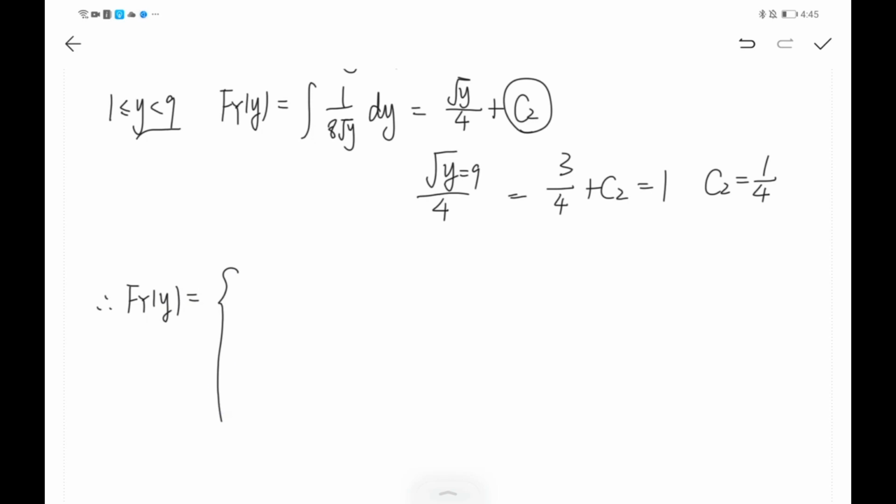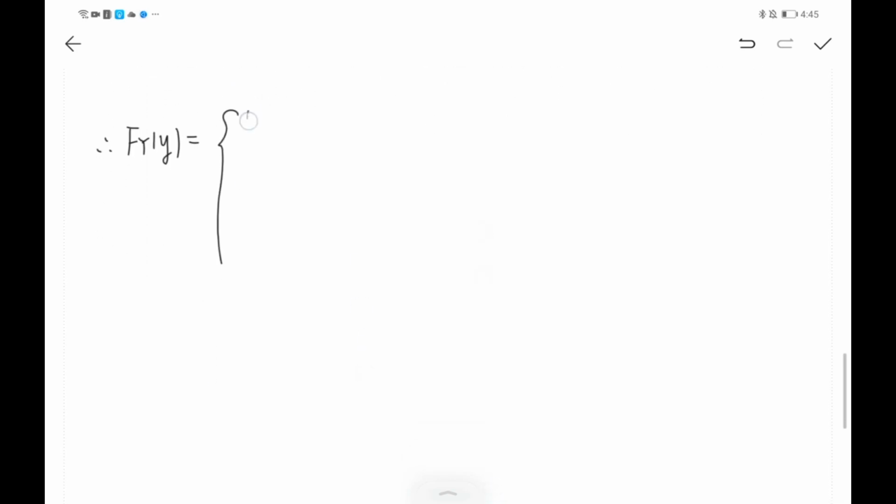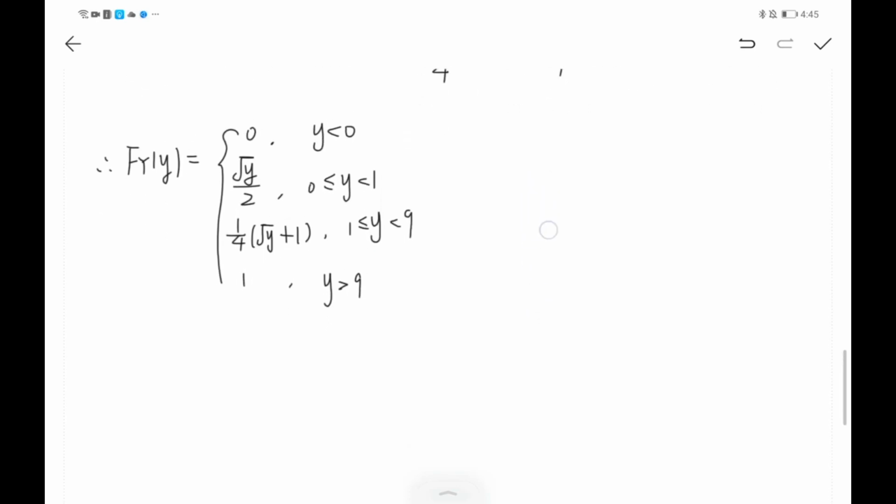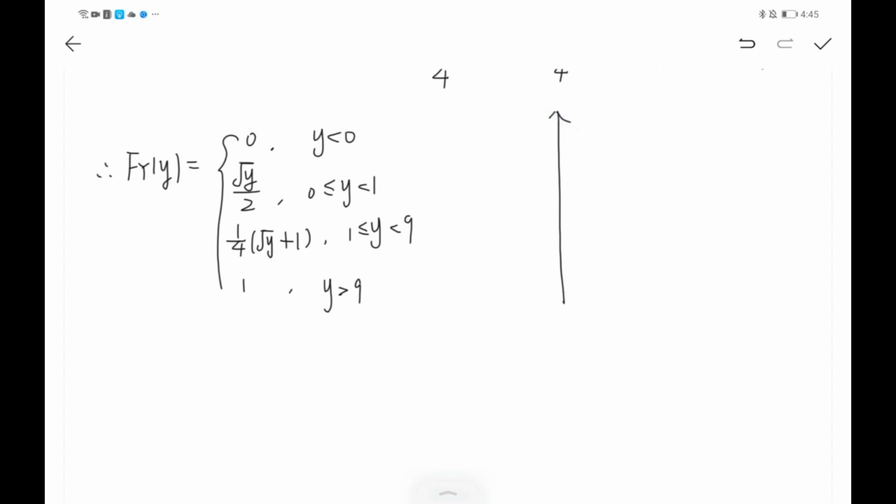It equals 0 when y is less than 0. It equals this part, like this. The distribution function of y is like this, and its plot is like this.